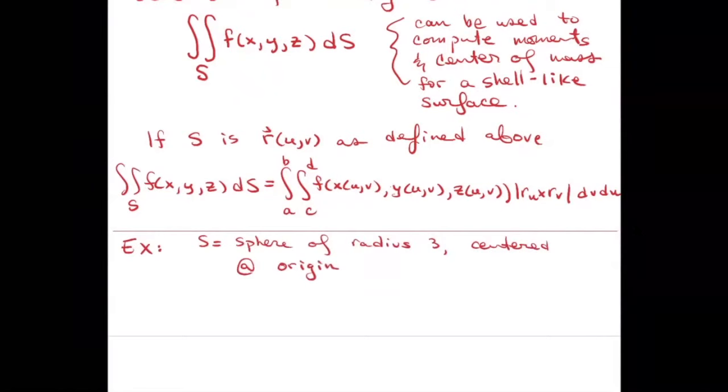And I said sphere, I should have said spherical shell, forgive me.